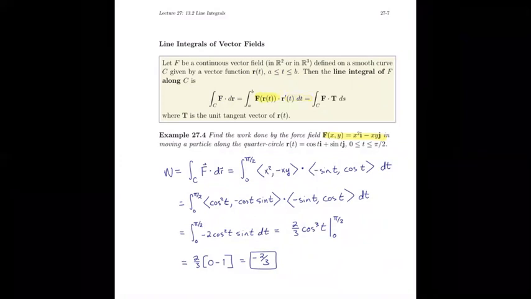Now this is also, interestingly enough, equal to F dotted with the unit tangent vector T ds. And this is because, just to make a little connection between these two, remember that the unit tangent vector T is equal to r prime over the magnitude of r prime.